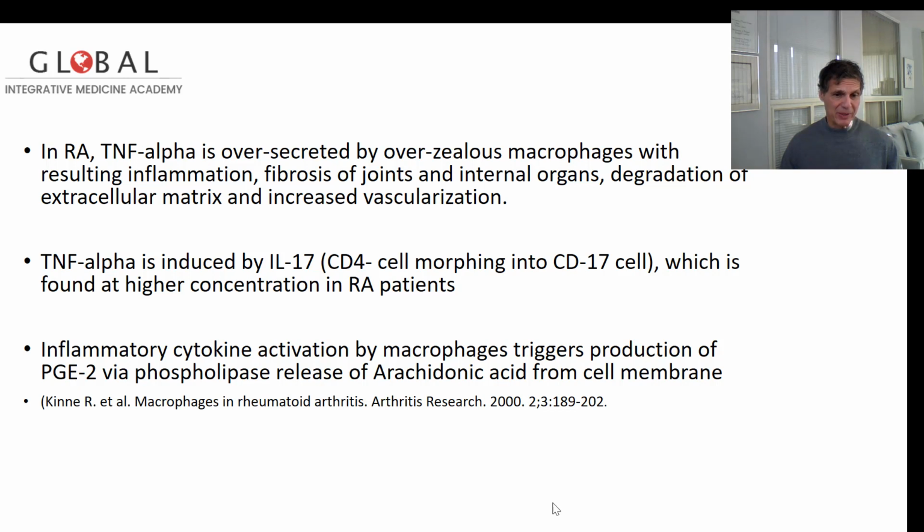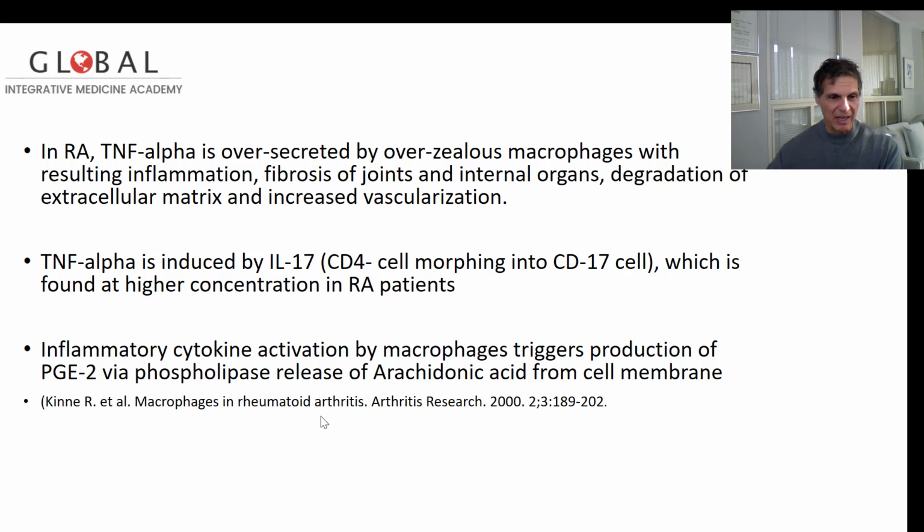And inflammatory cytokines activate macrophages to trigger production of inflammatory prostaglandin 2. So it upregulates the release of arachidonic acid from the phospholipids to produce more type 2 prostaglandin inflammatory eicosanoids. And that's how all these things sort of tie together.